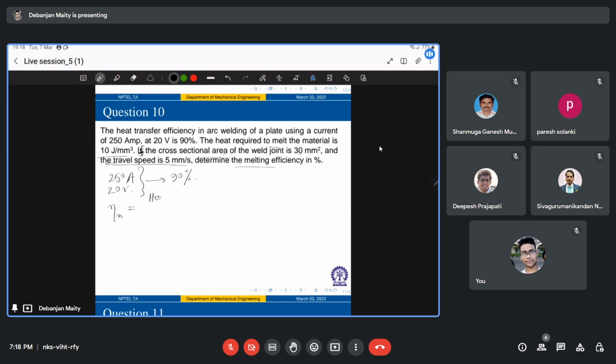This will be heat required for melting, that divided by heat supplied. Correct? So what is heat supplied? HS.